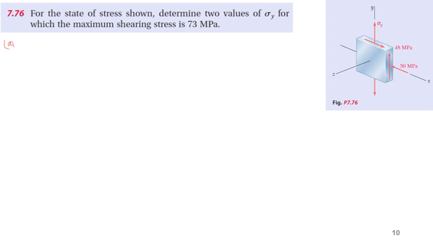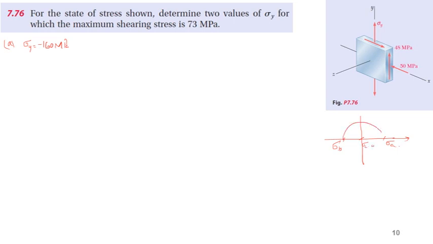So let's take first sigma y equal to minus 160 megapascal. It must satisfy the condition of the Mohr circle. For the Mohr circle, we are looking for one value, sigma A, to be positive, sigma B to be negative, and obviously sigma C is 0.